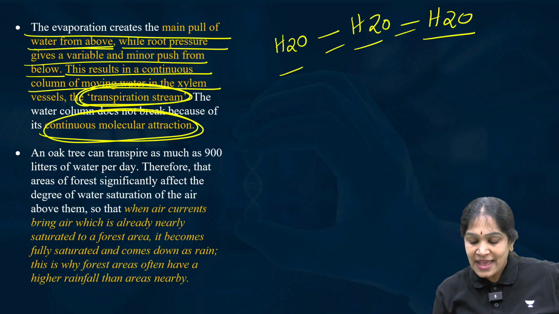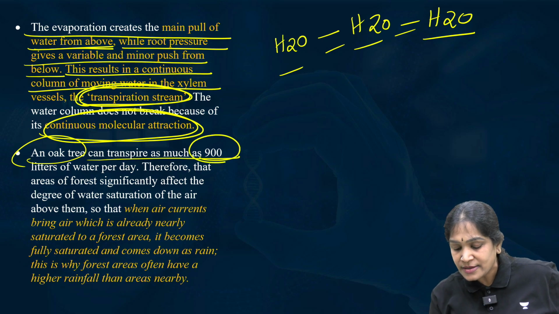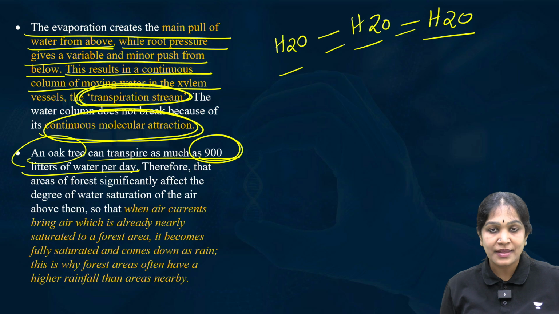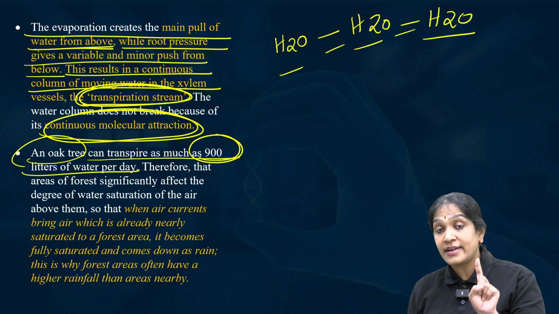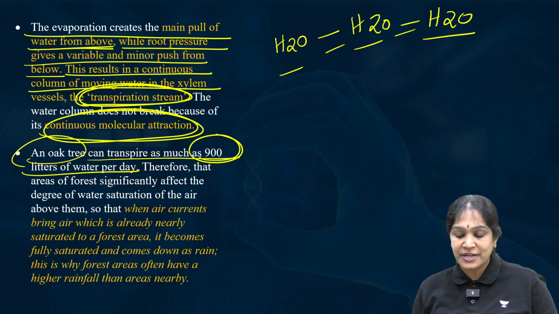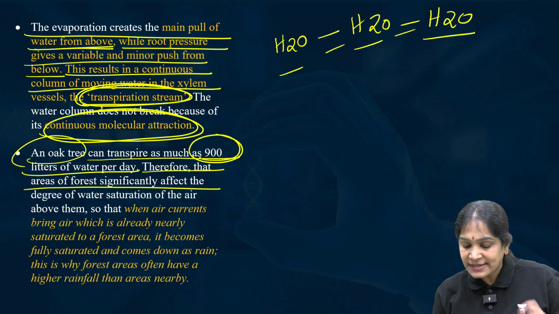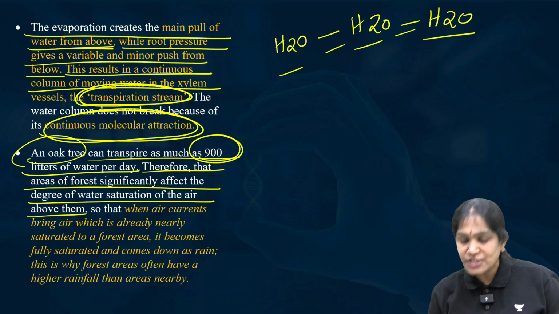For example, an oak tree can transpire as much as 900 liters of water per day. In one day, 900 liters of water is evaporated in the form of transpiration. Therefore, the areas of forest significantly affect the degree of water saturation above them.